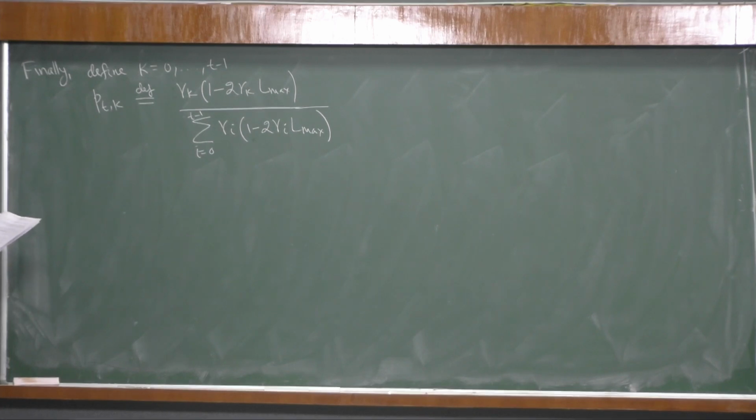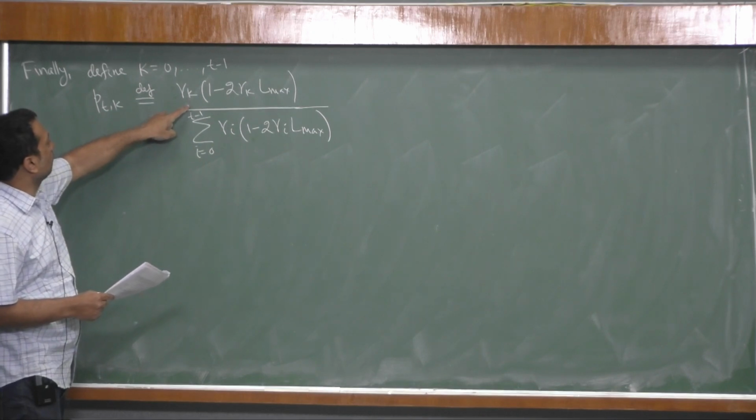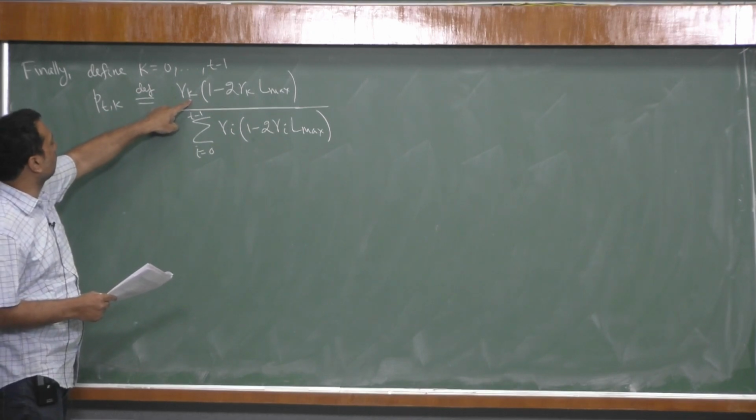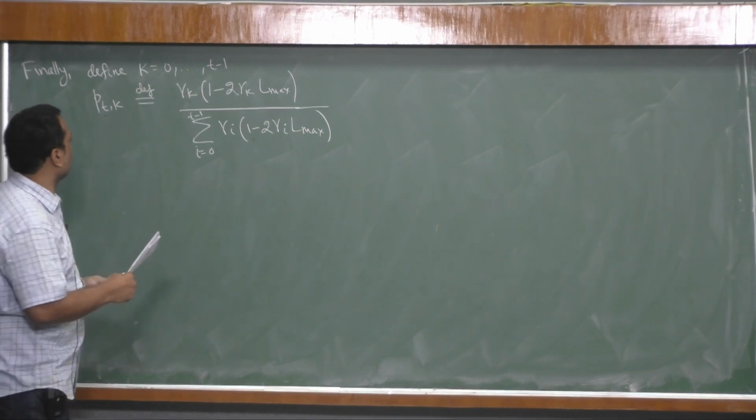And in fact, the sum of p t k is 1. Which makes sense, this is very clear, right? This is one of the kth terms. So if I sum over k up to t minus 1, this exactly becomes the same as the denominator. So the sum of p t k is indeed 1 from here, right?